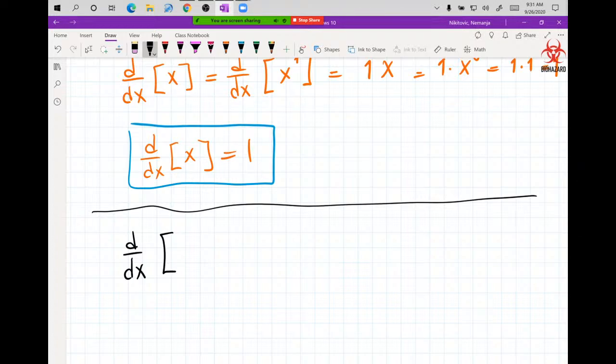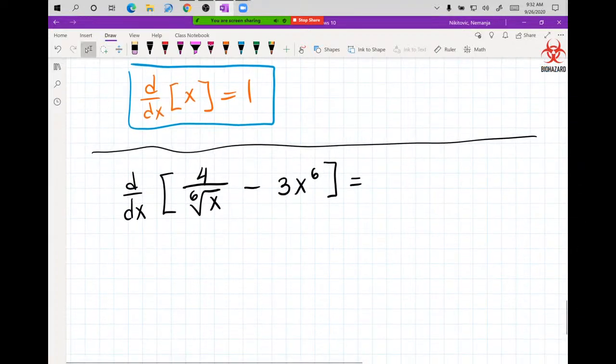How about 4 over 6th root of x plus 3x to the 6. Let's do minus. We haven't done minus. Let's just put minus there because we can. All right, try that one.